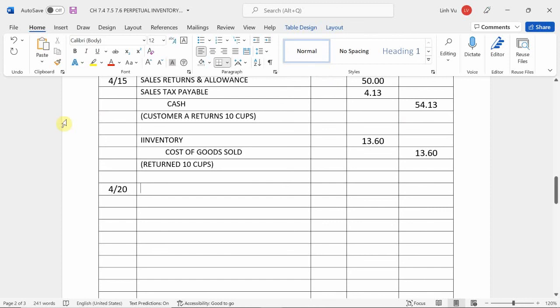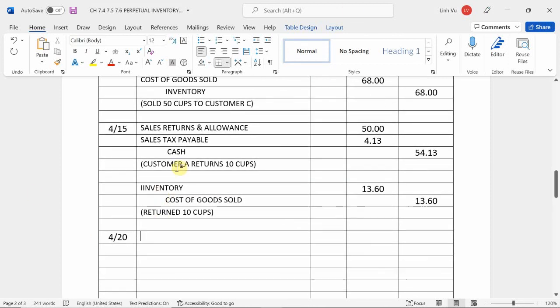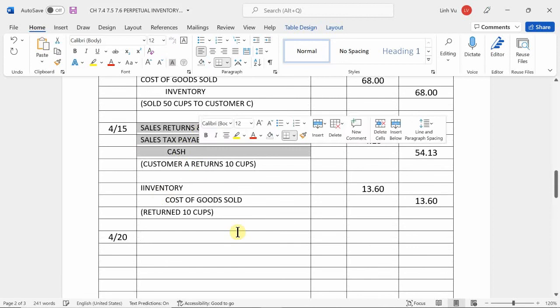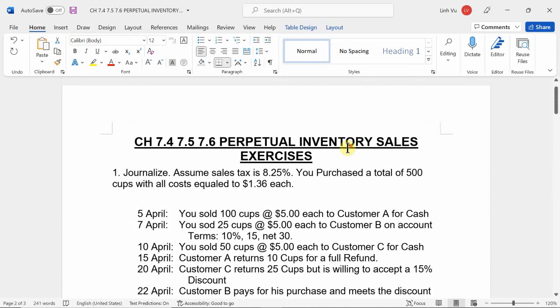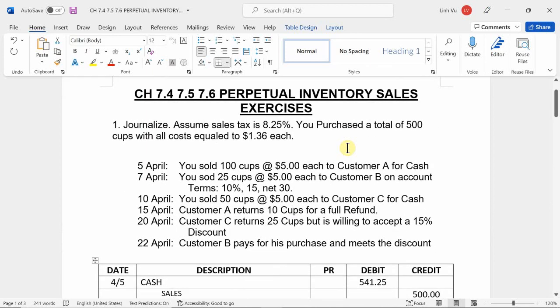Sales returns and allowances. And how did customer C pay me? Cash.